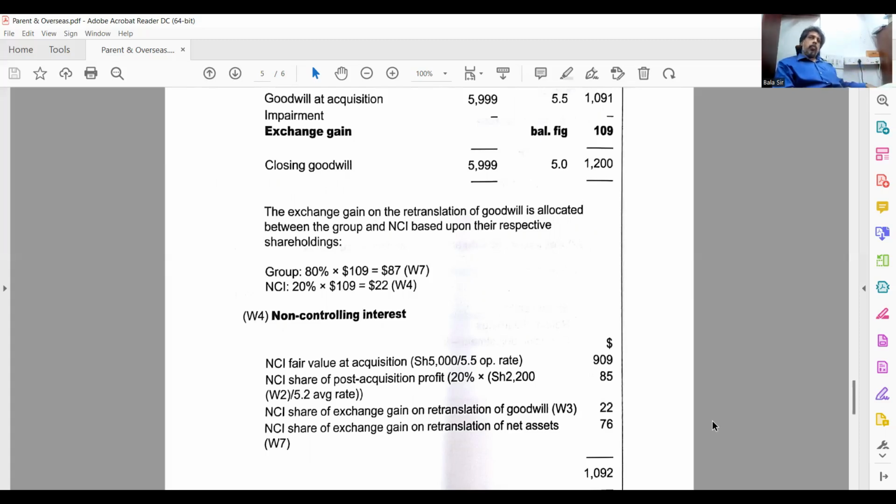Also add NCI share of exchange gain on retranslation of net assets, exactly, $381 into 20%. How much? $76. Adding up all, how much do you get? $1,092. And that is your non-controlling interest to be shown in the balance sheet. Is that fine? Yes.